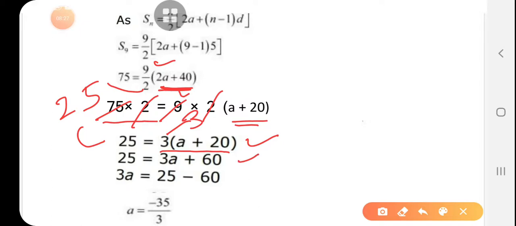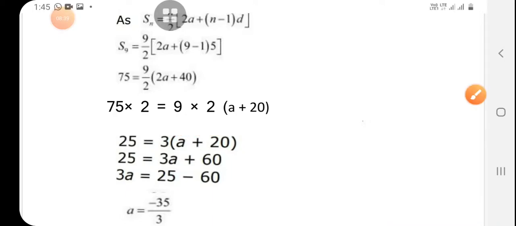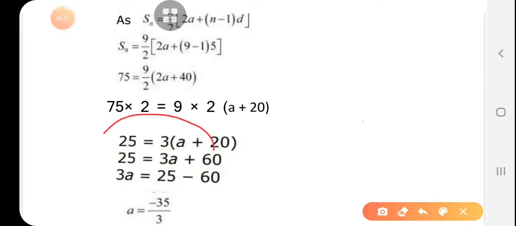Now transpose 60 from the right side to the left side, because we have to find the value of a. So it will be 25 minus 60.